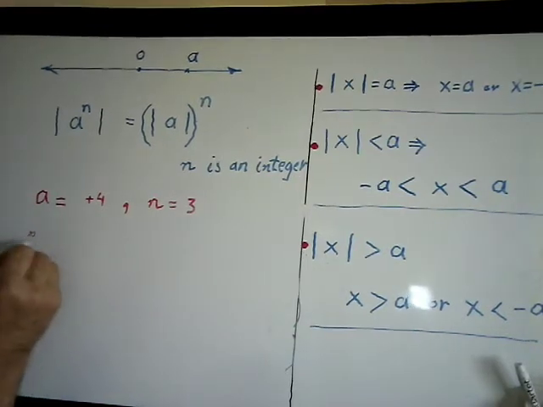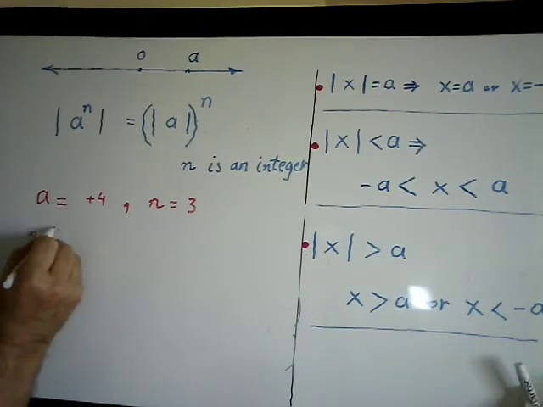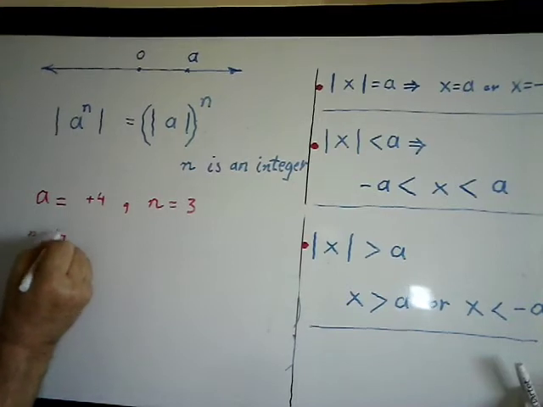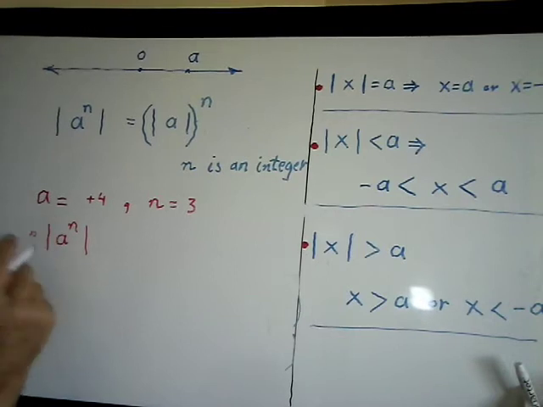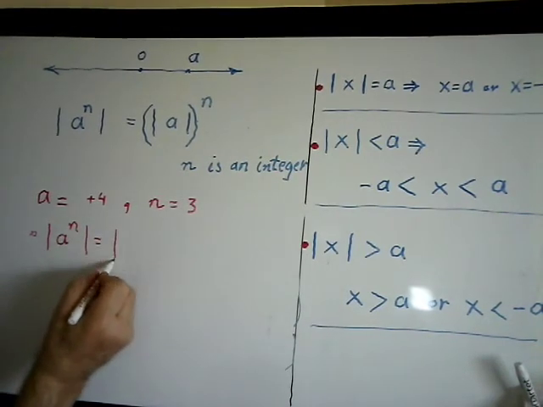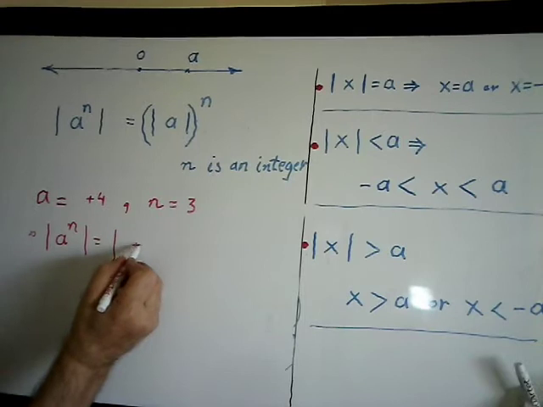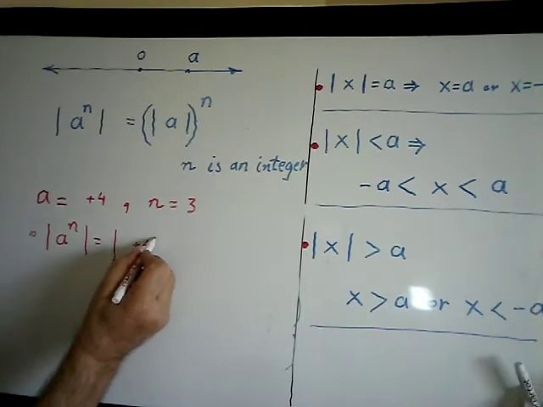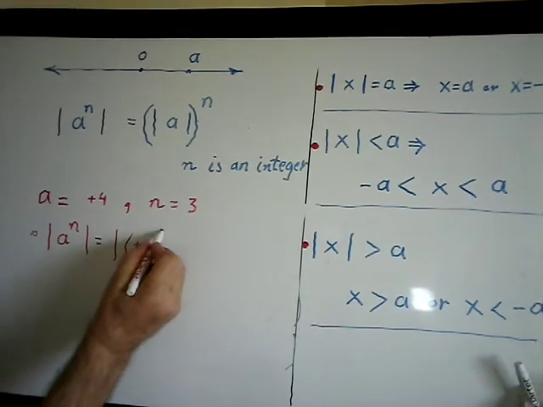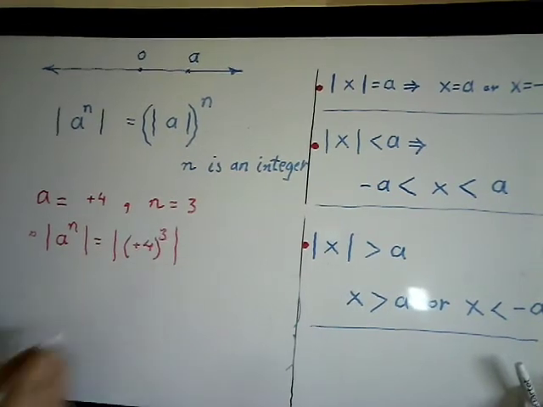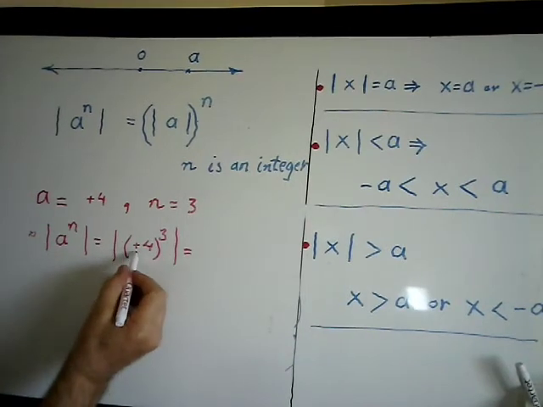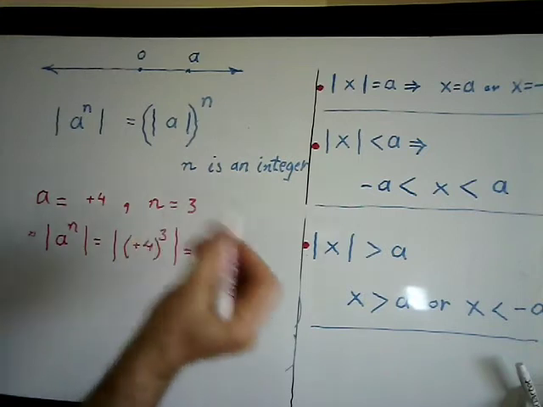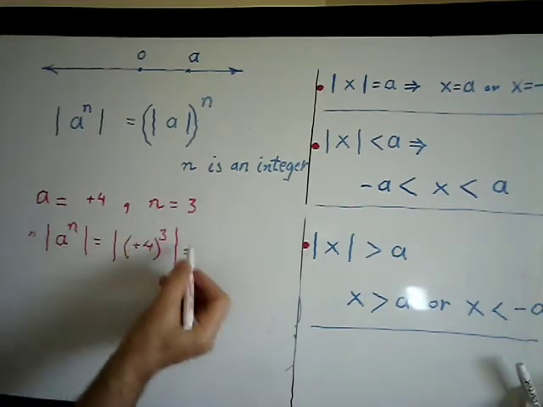So the absolute value of A to the power n is the absolute value of the number positive 4 to the power 3, which means plus 4 multiplied 3 times, plus 4 times plus 4 times plus 4.